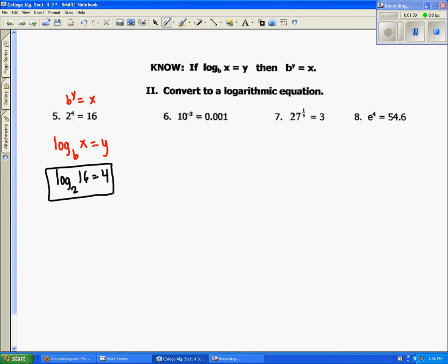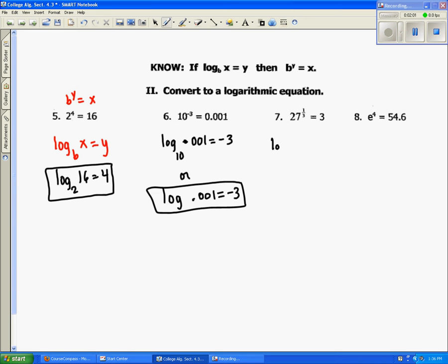And the next one I'm going to get log base 10 of 0.001 equals -3. Since our known base is 10, we don't have to write it, so that can also be written as this as well. So either one of those is correct.